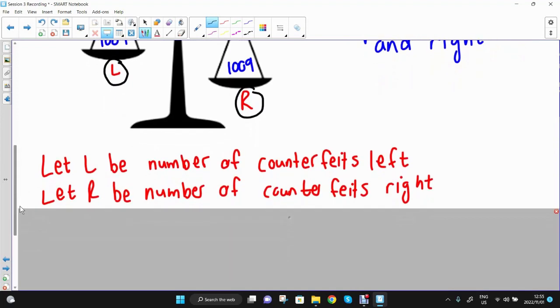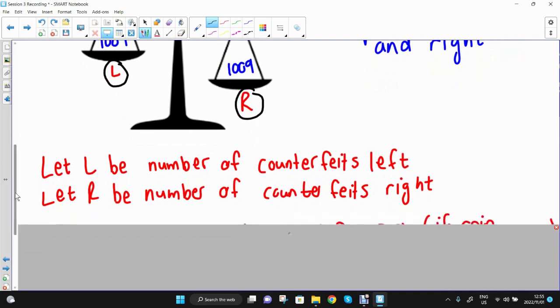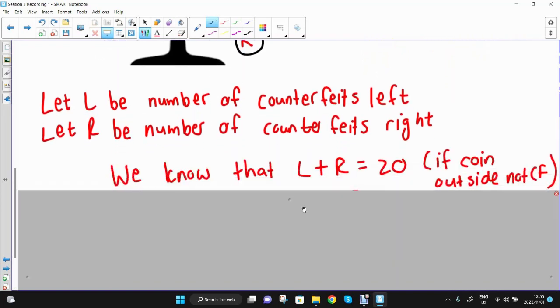but I do know that I've got two scenarios. If I add the two together, so if I take all the counterfeit coins on both sides, I should get 20. And if I get 20, then the coin that I'm holding in my hand, the coin that is not on the scale, is not a counterfeit coin, because I know that the sum of the counterfeits will be 20.